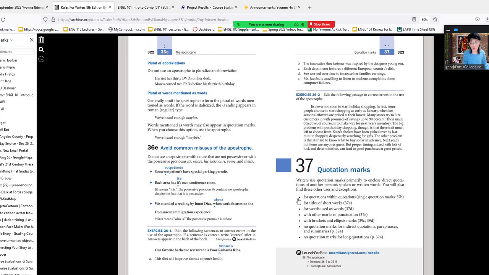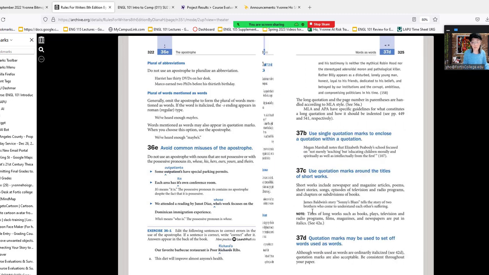Quotation marks. Writers use quotation marks to enclose direct quotations of another person's spoken or written words. You will also find these other uses for quotation marks: for a quotation within a quotation, for titles of short works, for words used as words, with other marks of punctuation, with brackets, and so on.